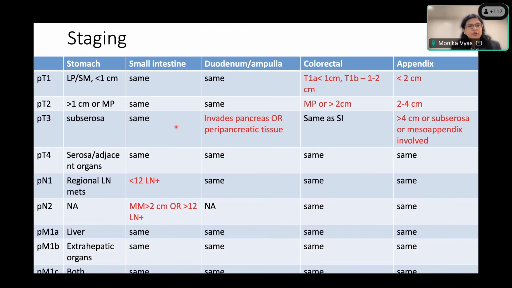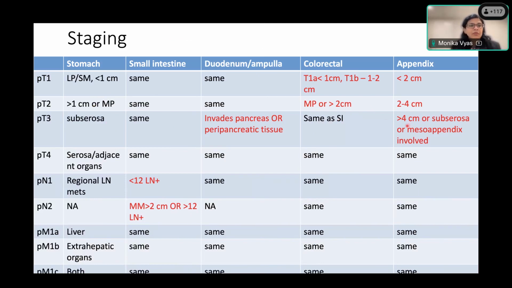So for staging of well-differentiated neuroendocrine tumors, again, as I mentioned, size is important. And here's a brief overview of all the neuroendocrine tumors involving various GI organs. You can go over individual staging schemes when you have such a case.